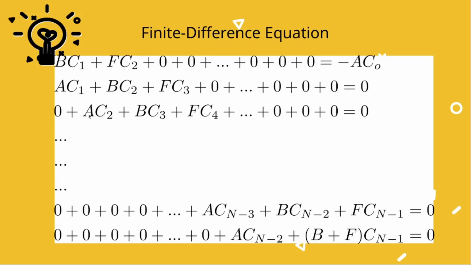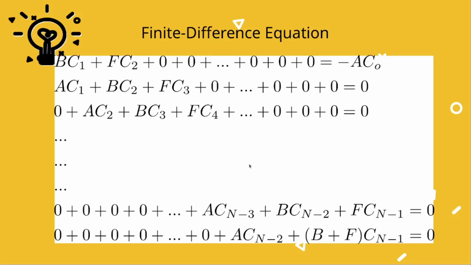And similarly, I can go to node 3 and write a C2, b C3, f C4. Similarly, when I come to the n minus 2 node, I have a C(n-3) plus b C(n-2) plus f C(n-1). And then for the n minus 1 node, I combine b plus f times C(n-1), because C(n-1) is equal to Cn. I'm using that to combine these two.